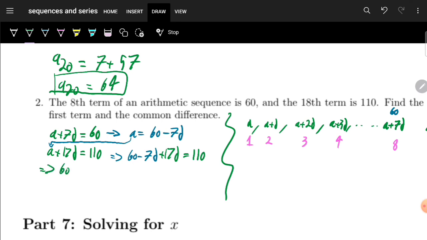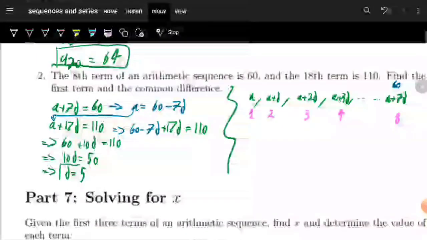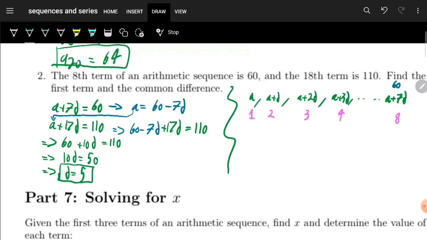Well, we have 60 minus 70d plus 17d, that's plus 10d, equals 110. Subtract 60 from both sides, and we get 10d is equal to 50, and divide both sides by 10, we get d is equal to 5. So our common difference is 5.